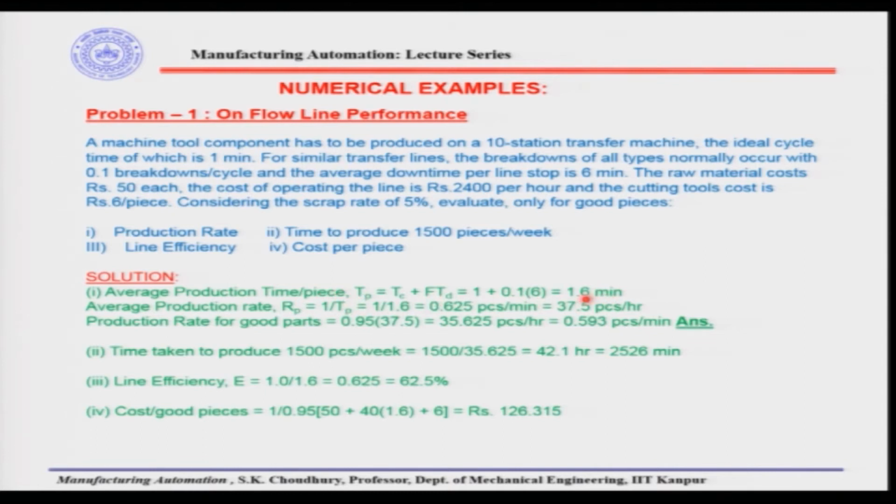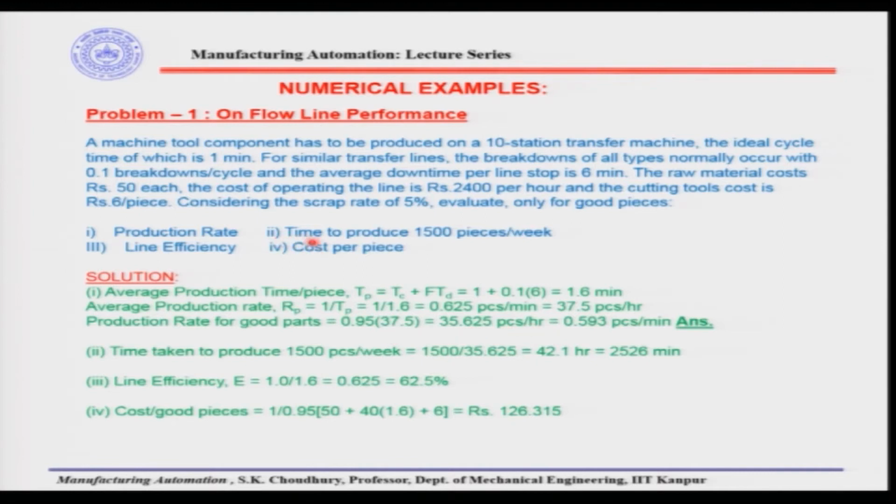Once we find that, we can find the average production rate, which is 1 upon this time, 1 upon 1.6, which is 0.625 pieces per minute, or 37.5 pieces per hour if we multiply by 60. For the production rate of good parts, considering the scrap rate of 5%, the production rate of good parts will be 0.95 into 37.5 pieces per hour. So, what we will actually get is 35.625 pieces per hour. These are the good pieces.